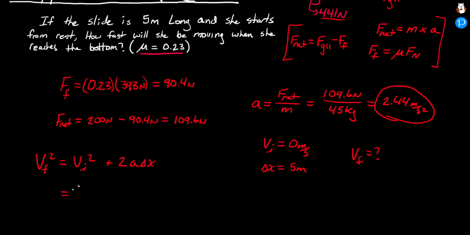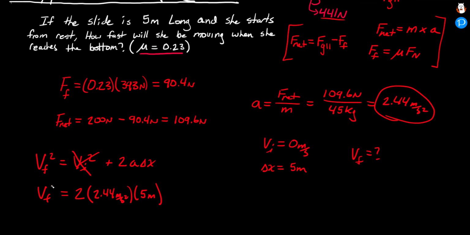And so if I plug in my numbers, well, this is just going to go away because initial velocity is 0, so I don't even have to worry about that. It's just going to be 2 times the acceleration, 2.44 meters per second squared, times the distance, 5 meters.